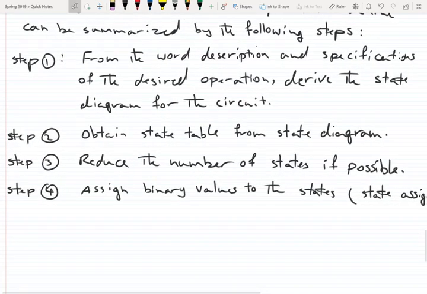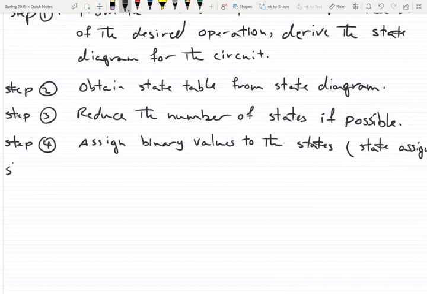Step 5: determine the type of flip-flops we need. What type of flip-flop do we want to design the circuit with? Are we going to design the circuit with D flip-flop, T flip-flop, JK flip-flop, SR flip-flop? This one is usually given in the problem. The problem says design the circuit with this type of flip-flops.